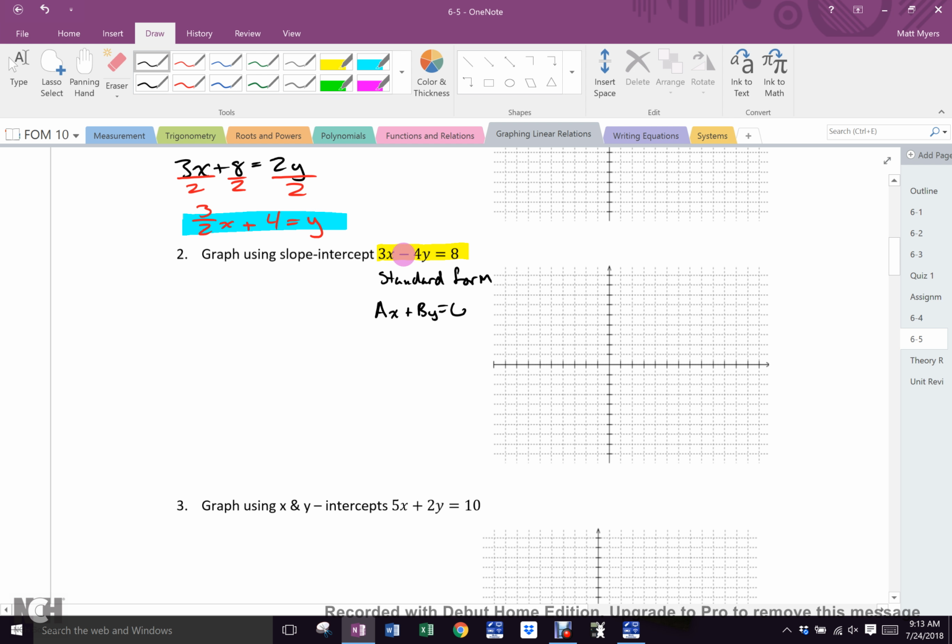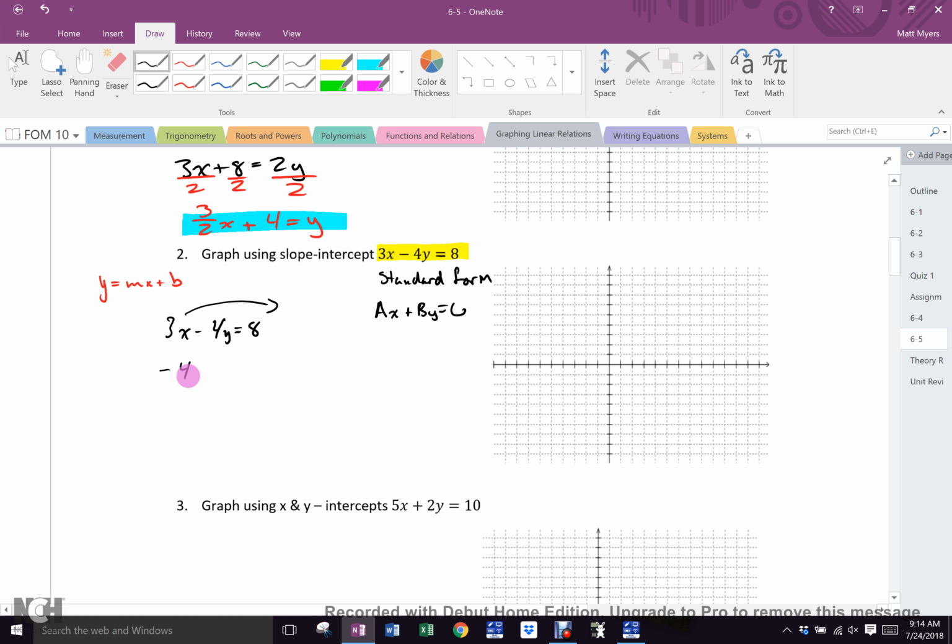Now, if I wanted to graph this as it is, we couldn't do it very well. We would need a table of values, or we would need the x and the y intercepts. But can I make this look like slope-intercept form? Of course I can, by doing what? Isolating y. So 3x minus 4y equals 8. I'm going to move the 3x.